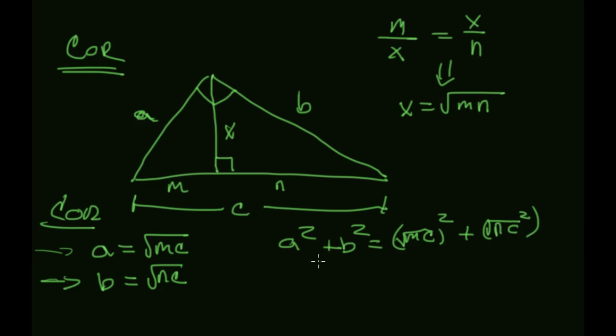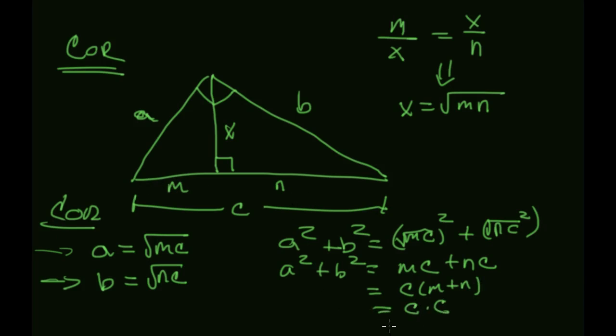So if I square something that has been square rooted, I get mc plus nc. And if you look at that, the c comes out, giving me m plus n. But lo and behold, m plus n is the same as c, so that's c times c, which is ultimately c squared. So this actually proves a squared plus b squared equals c squared. This is another proof of the Pythagorean theorem. So there's a little bonus in there.